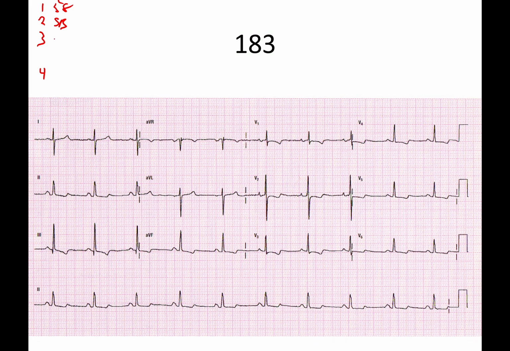Our mean axis, and I'm going to stick in red for this one. We are, I'd almost say isoelectric, but we can call this one positive in lead 1. AVF is definitely positive, so up and up is, I'll draw it up here, in the normal quadrant.